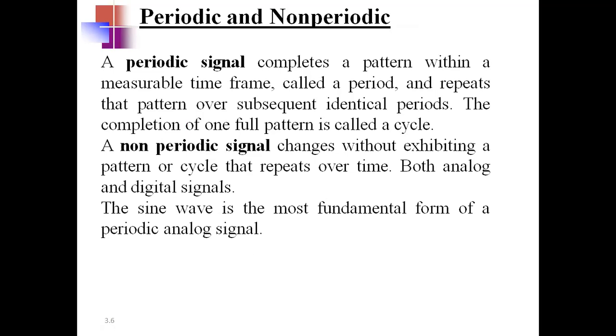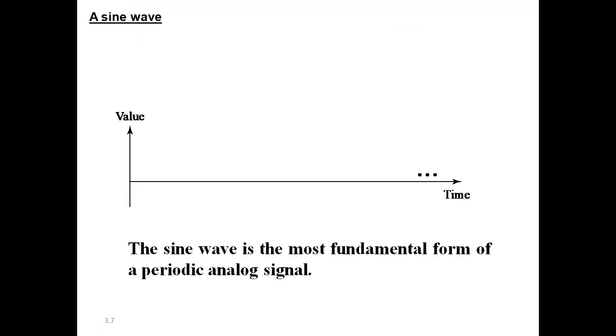The best example of a periodic analog signal is a sine wave. That's a fundamental form. So what is a sine wave? This is a sine wave. This is a very simple one, a standard interval. You must have seen that in mathematics, in physics also. At 0 degree, the value is 0. At 90 degrees, this is like the perpendicular one, the value is 1.